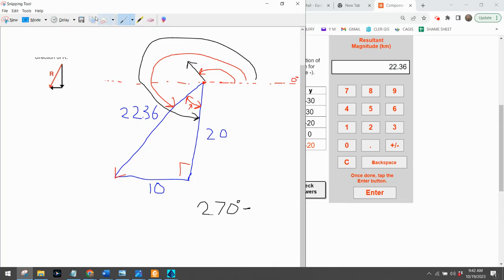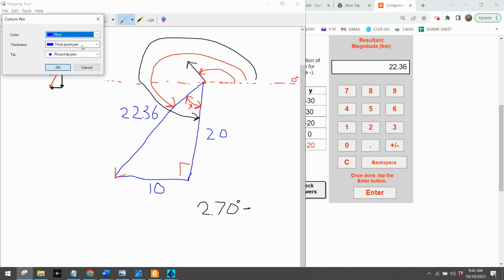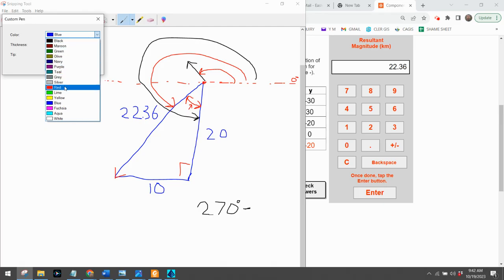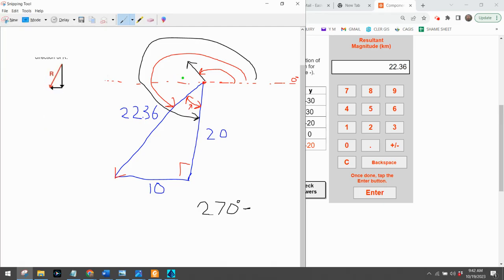In that case, you would still want to think about your x and y components, which your x component would be here, and your y component would be here.